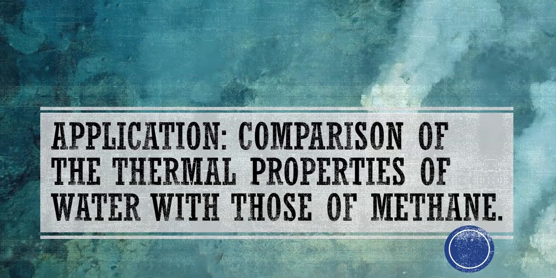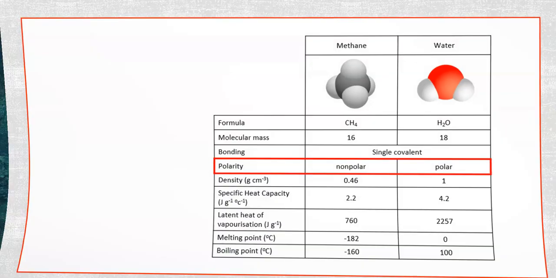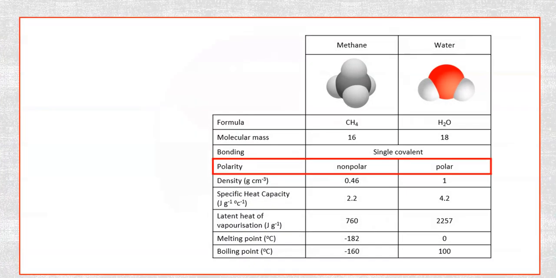Okay, another application: the comparison of the thermal properties of water with those of methane. So here we have a water molecule and a methane molecule, and we've got some comparisons there: the formula, molecular mass, the bonding in the molecule, whether they're polar or non-polar, and some other information comparing the two molecules.